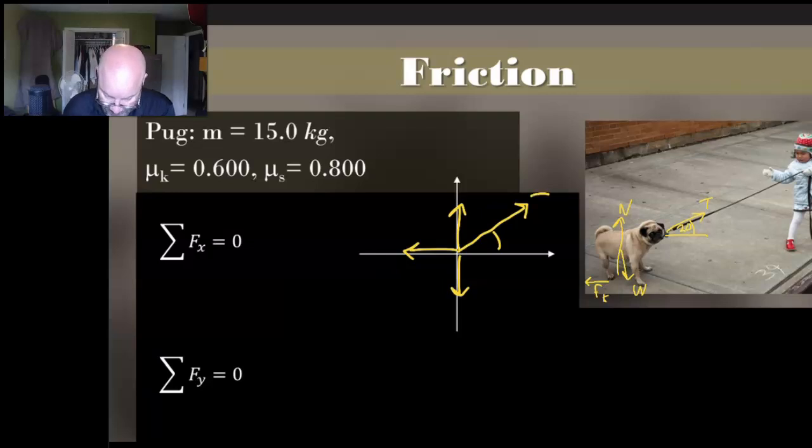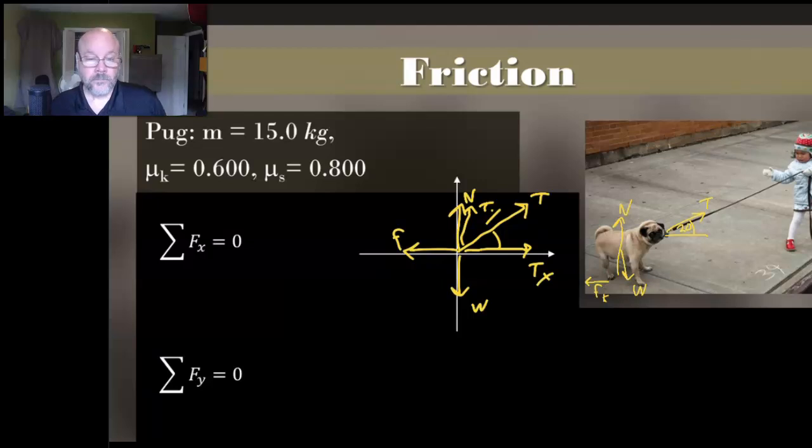Now let's slap some labels on here. We know that we're going to have to deal with components. So let's get our Tx and let's get our Ty. There is step 2 in our recipe.